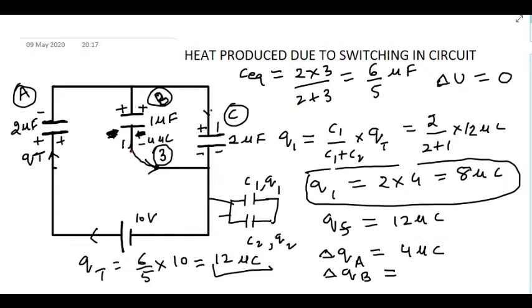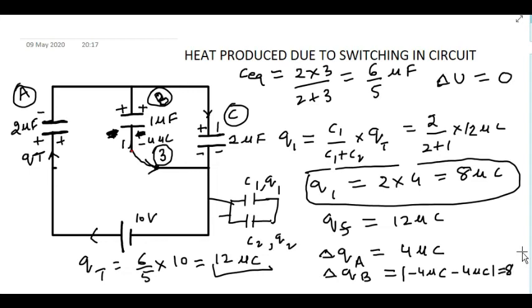What is the charge associated with the C capacitor? That has decreased. Initially it was 12 microcoulomb, now it is 8 microcoulomb. So the charge associated with B: the final charge is minus 4 microcoulomb and initially it was 4 microcoulomb. If we take only the magnitude, it is equal to 8 microcoulomb.